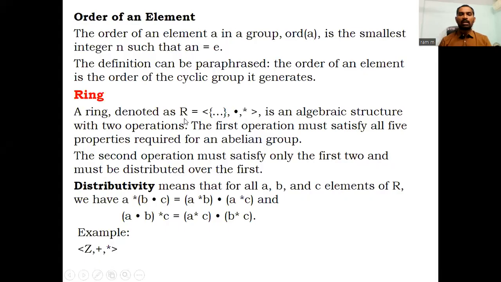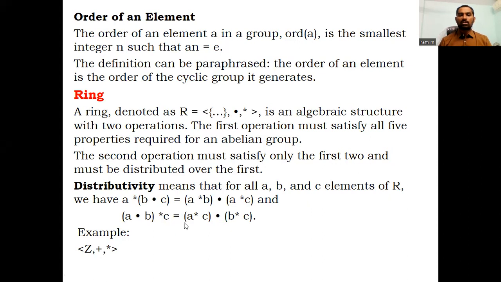So a ring, denoted as R, is some set, it may be any set, with two binary operations dot comma star, an algebraic structure with two operations. Remember, in a group we considered only a single operation. In a ring we are considering two binary operations. The first operation must satisfy all 5 properties required by an abelian group. The second operation must satisfy only the first two, that is closure property and associativity property, and must be distributive over the first operation.